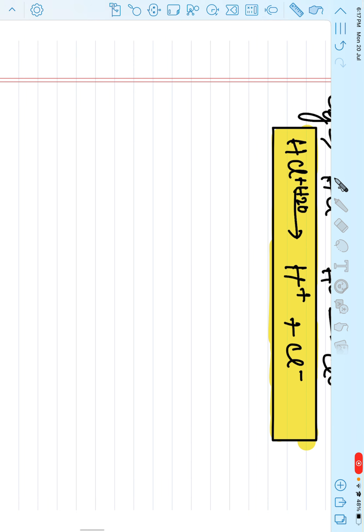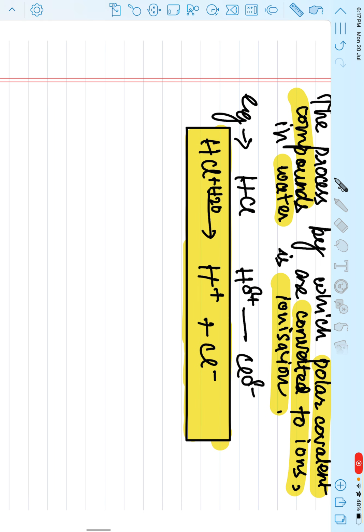So what is the difference between ionization and dissociation? Ionization is the formation of positively or negatively charged ions from molecules which are not initially in the ionic state. You have to understand that HCl is initially not in the ionic state, but the conversion of the molecules into ions is ionization.